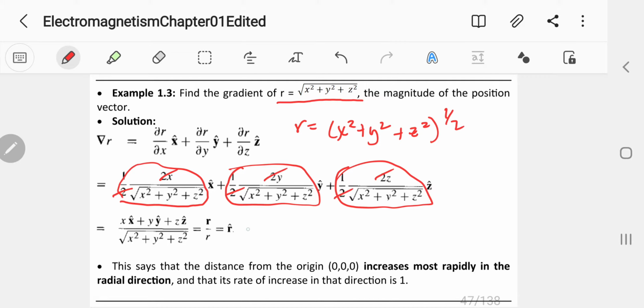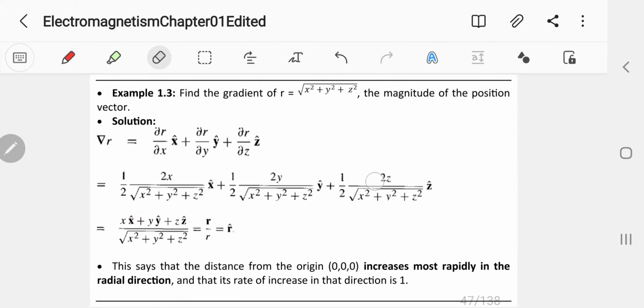So you have r prime, r hat in this case, because you will get r from here, and then of course this is just equal to r. So a vector divided by its magnitude is just the unit vector parallel to that vector.